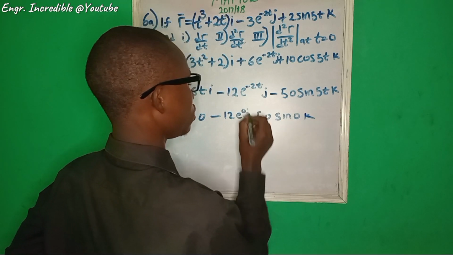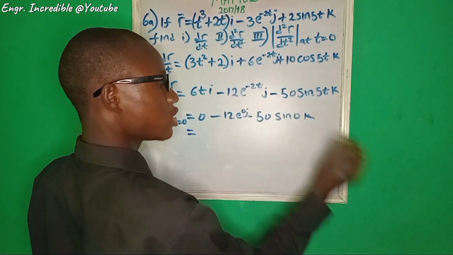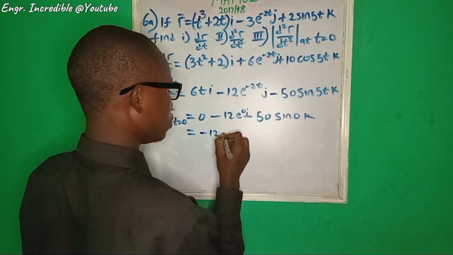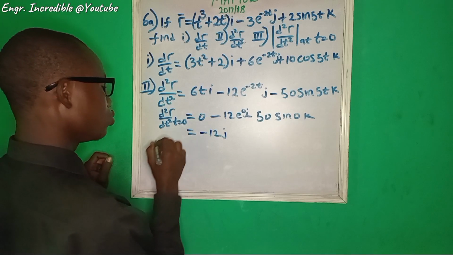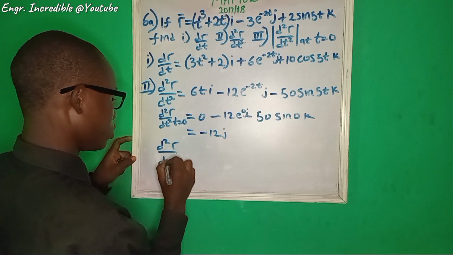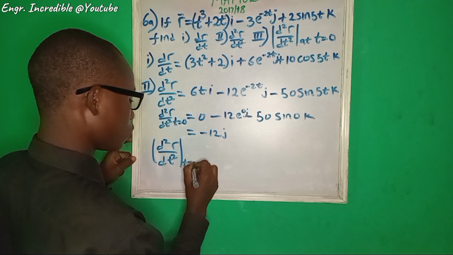This is the j function. So this will be equal to 0 here, sin 0 is equal to 0, so we have minus 12j.